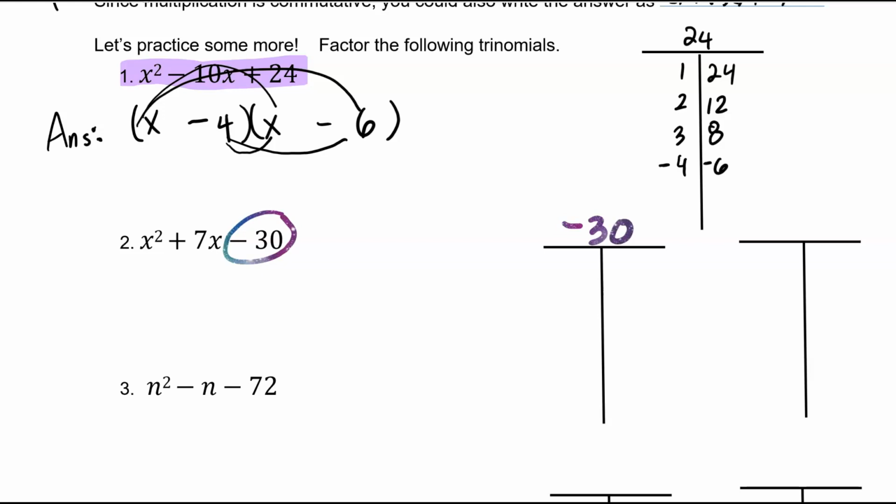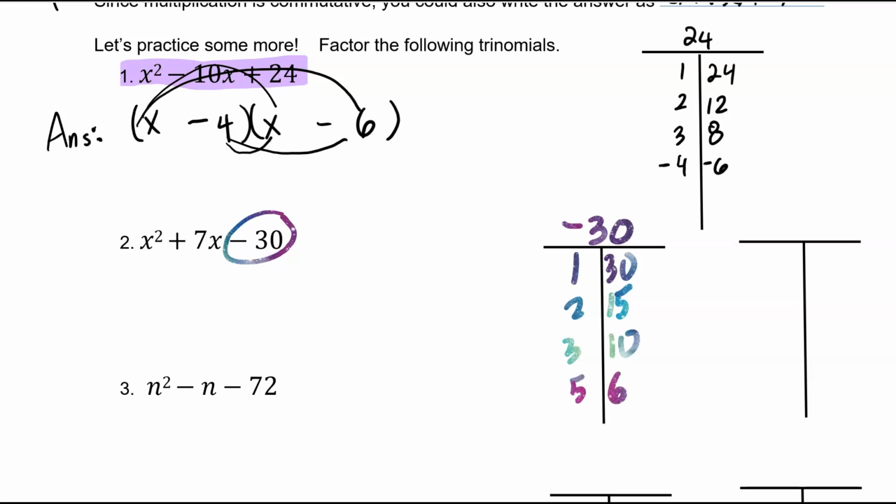So we see that C is negative, but I don't want you to focus on writing the negative factors. I want you to focus on writing positive factors of 30. So 1 and 30. 2 and 15. What's next? 3 and 10. What's next? 5 and 6.